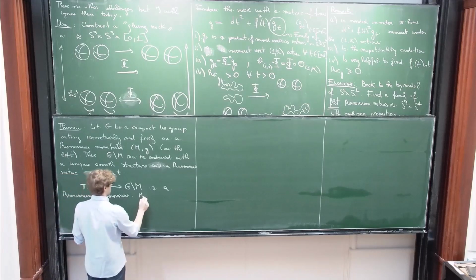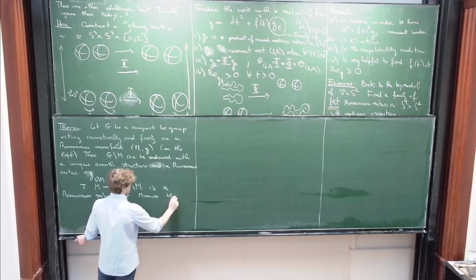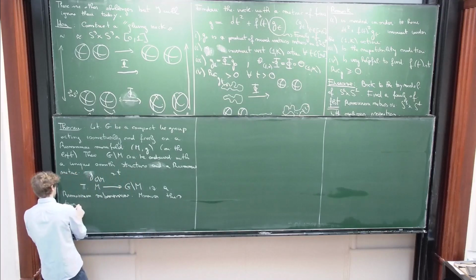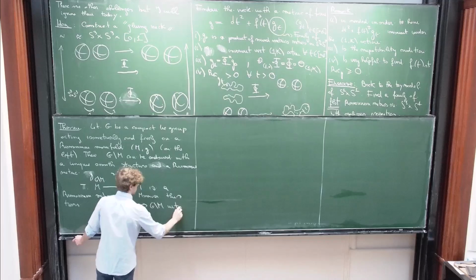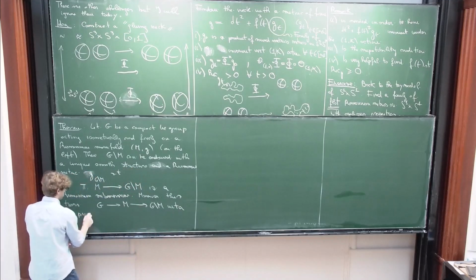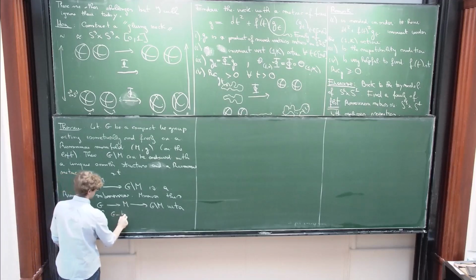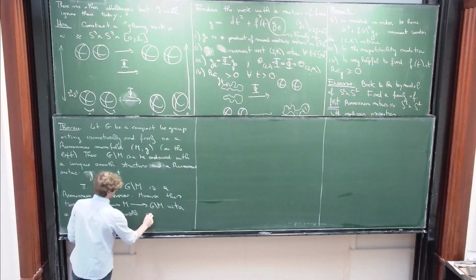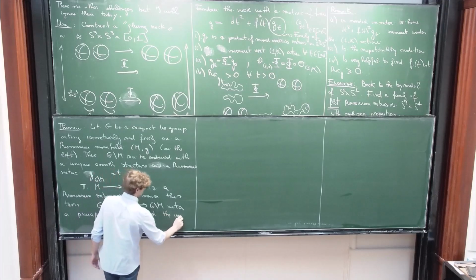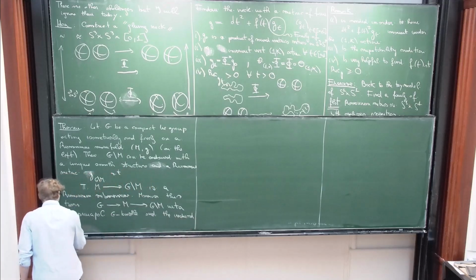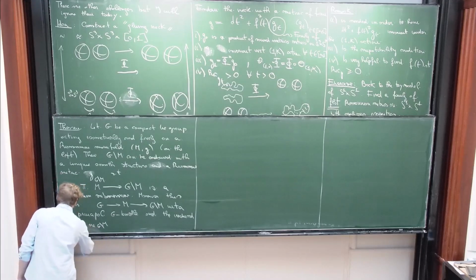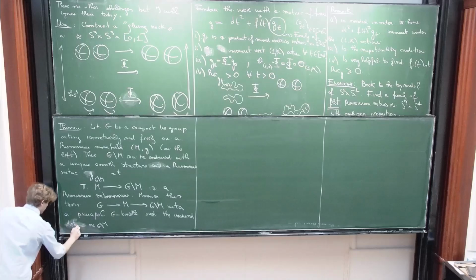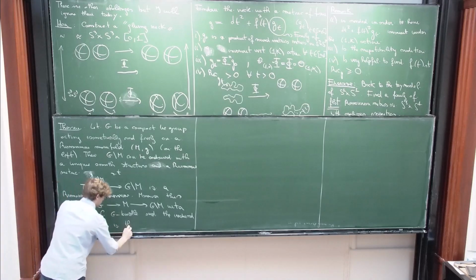Okay, and moreover, this turns M mod G into a principal G bundle, and the induced metric on the orbit space, the induced distance, is the orbit distance.